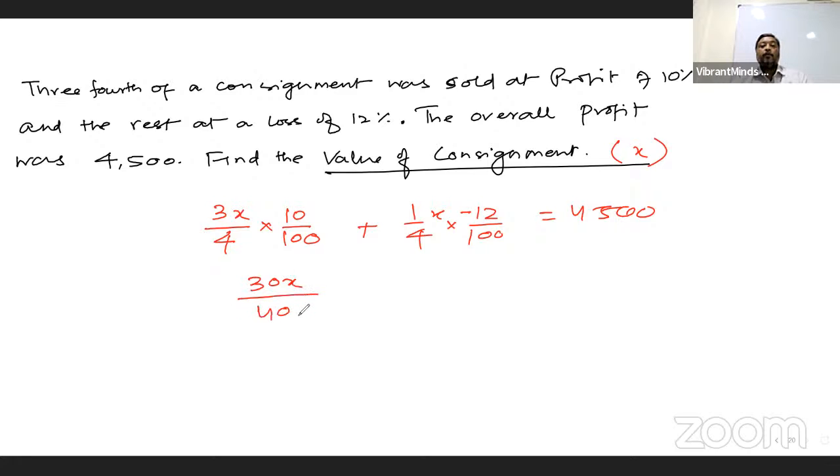30x by 400 minus 12x by 400 is equal to 4500.